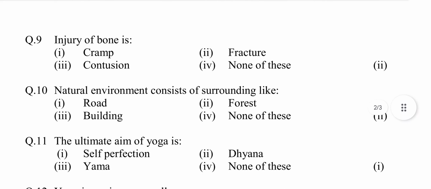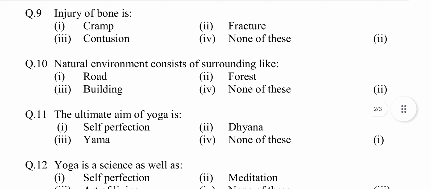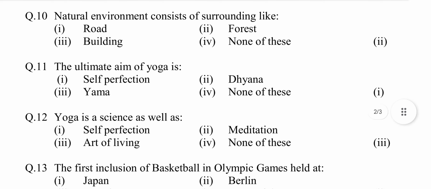Injury of bone is: option first cramp, second fracture, third contusion, fourth none of these. Answer is option second, fracture. Question number 10. Natural environment consists of surroundings like: option first road, second forest, third building, fourth none of these. Answer is option second, forest.